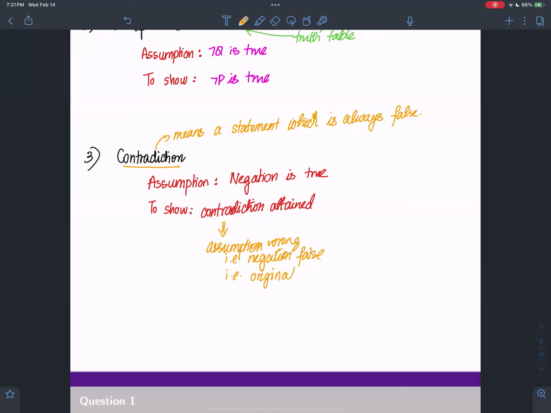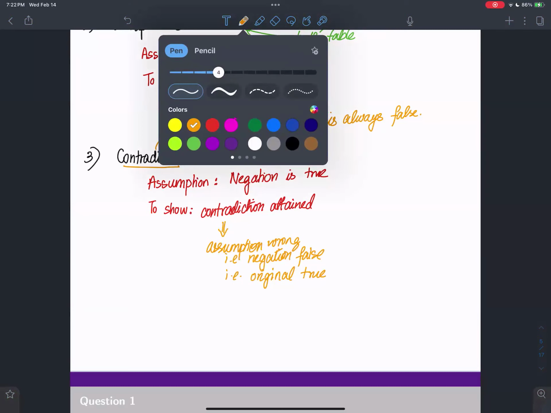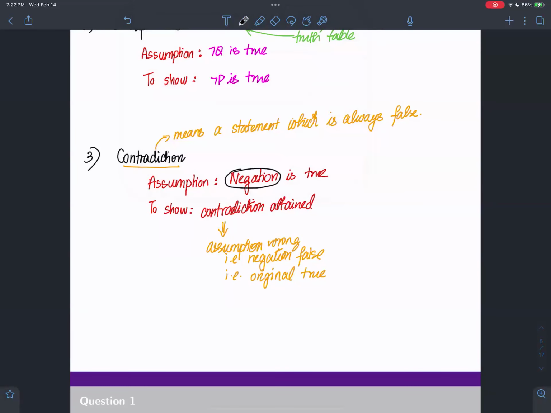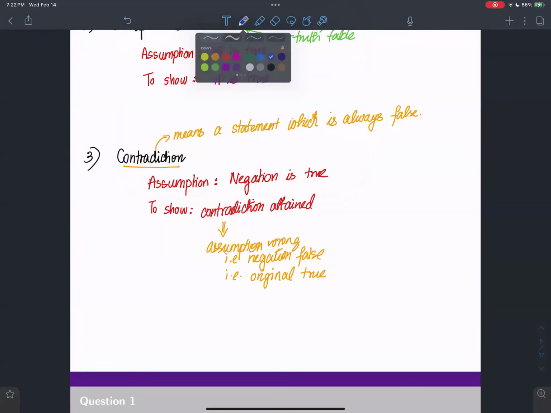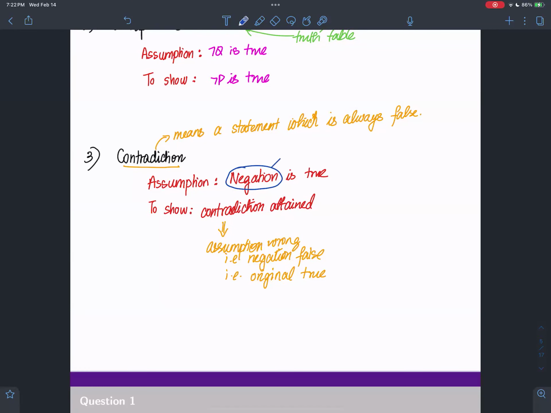This is the concept behind contradiction. Any doubt in that before I go into what is negation and all that kind of stuff? Any doubts? I don't see any. Good.